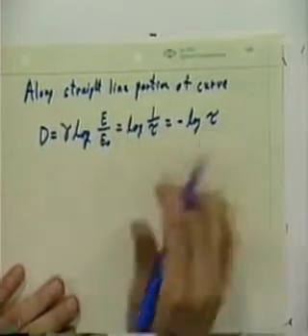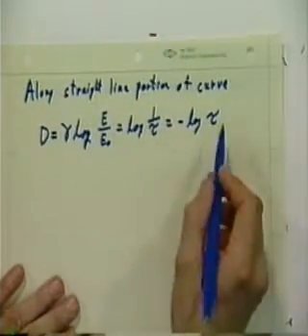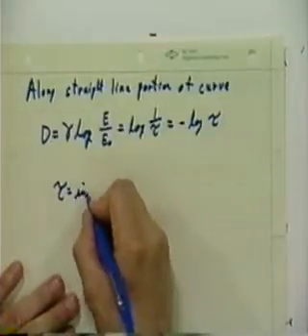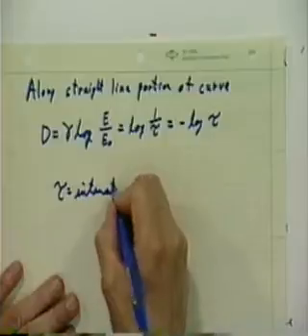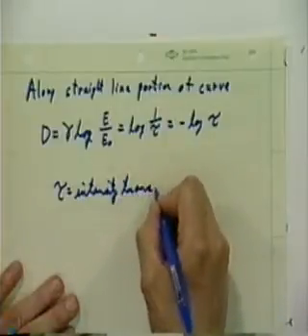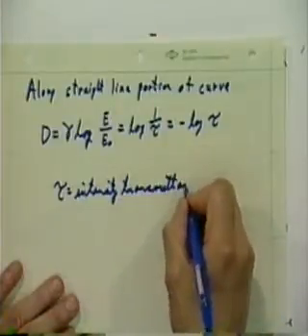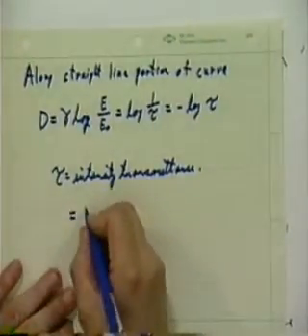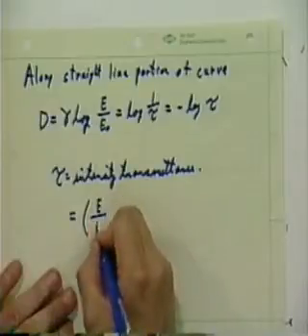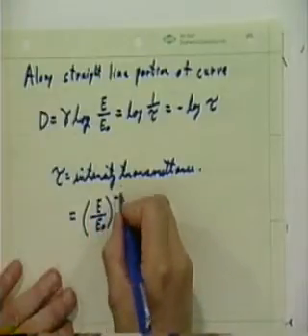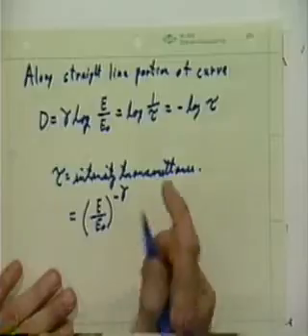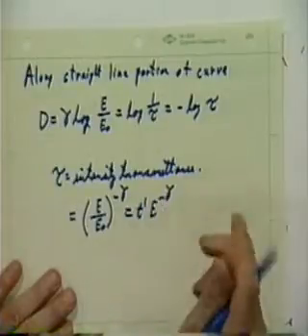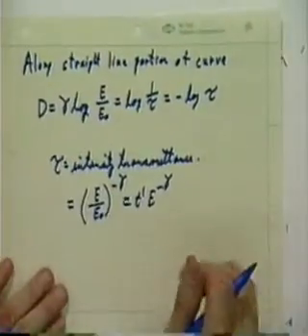So we could solve here then that the intensity transmittance is equal to (E over E naught) to the minus gamma. Or I just write that as T prime E to the minus gamma. Okay.